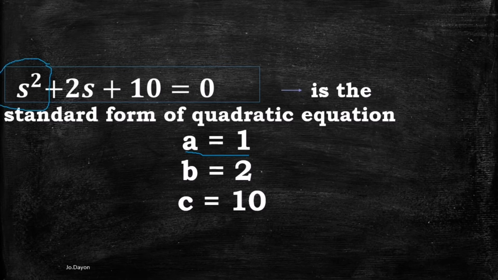Though you are not able to see 1 here, it is understood that there is 1 as the numerical coefficient. Now, for the value of b, we have 2. Where did we get 2? That is coming from the numerical coefficient of the linear term. And for the value of c equals 10, that is coming from the constant term, which is 10.